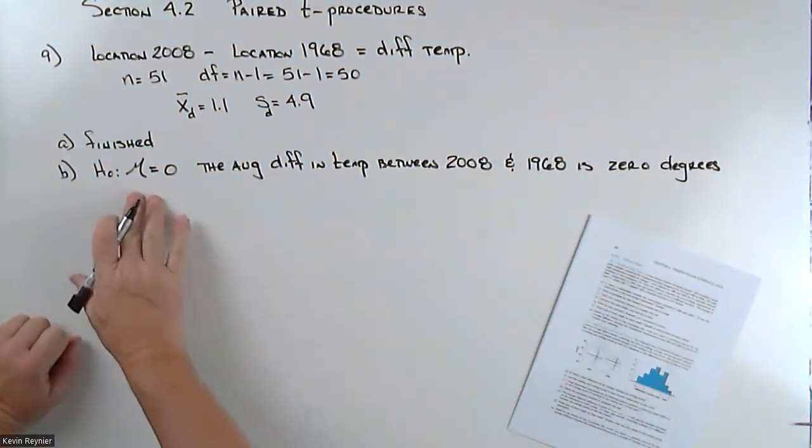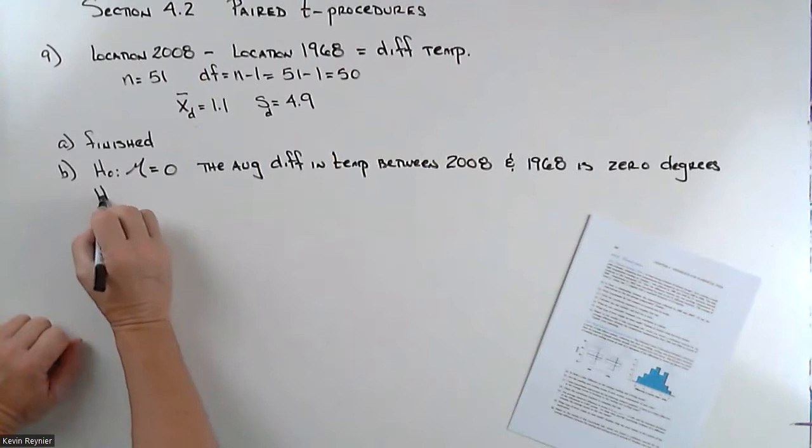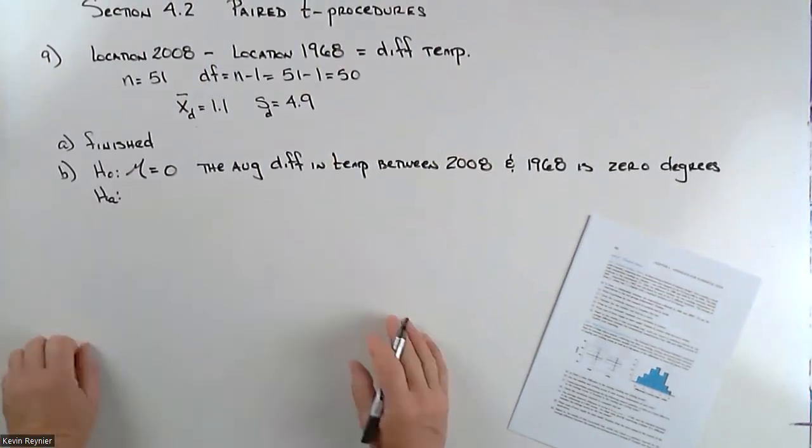And we have to write it in symbols and in words. H sub A, well, that's what we're trying to test.